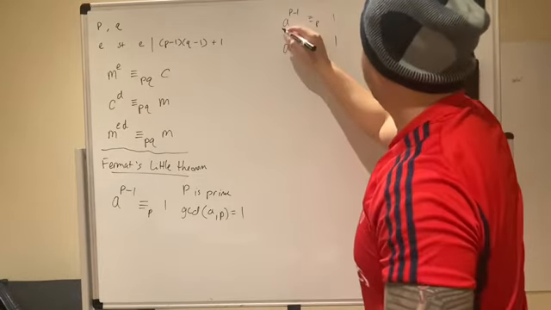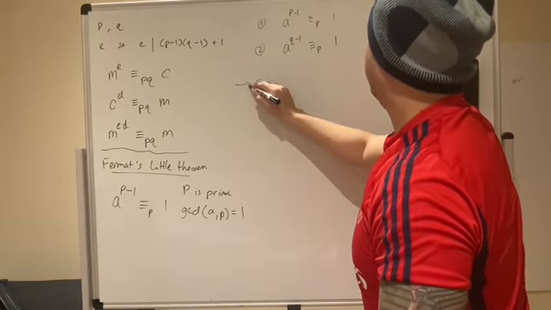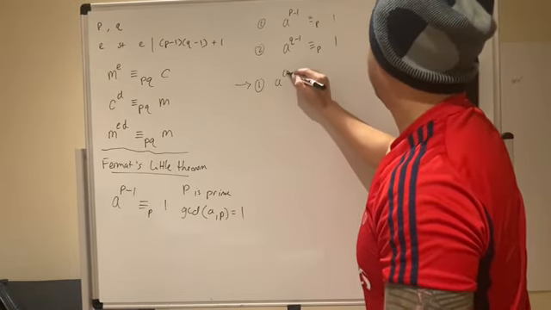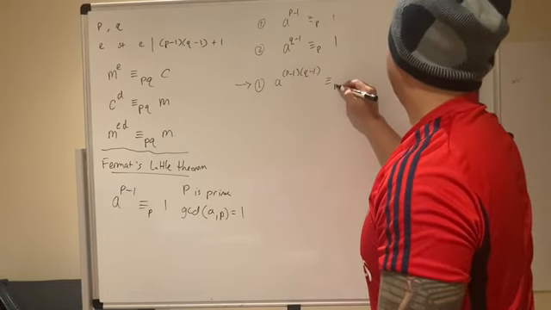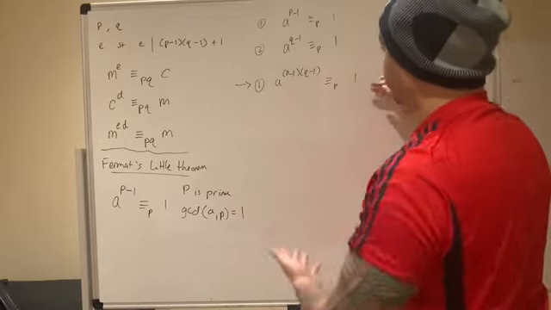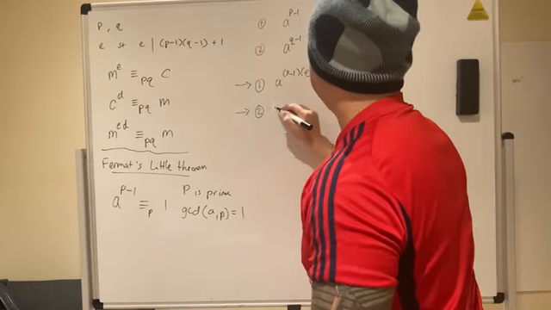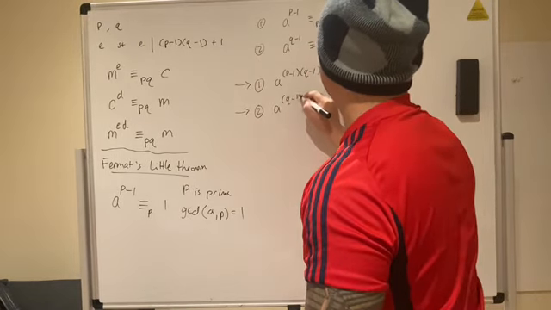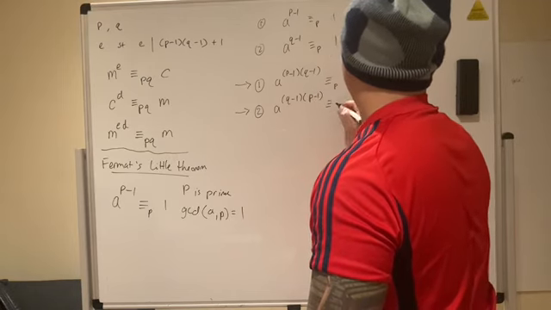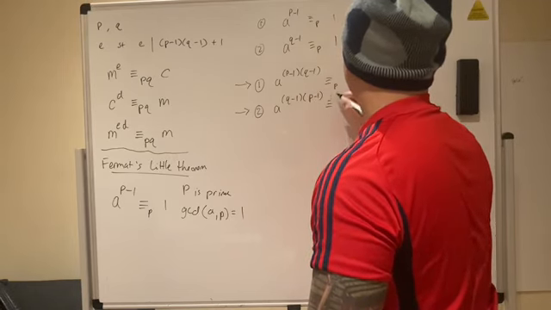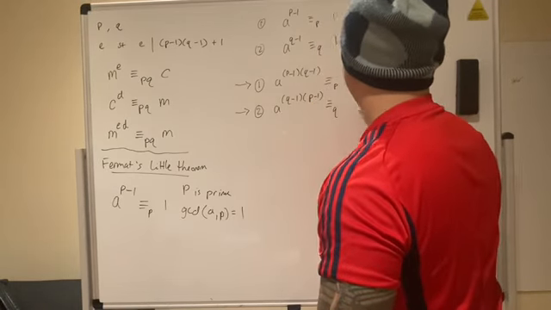So the first becomes A^((P-1)(Q-1)) mod P equals 1, and 1 raised to anything just stays 1. And the second becomes A^((Q-1)(P-1)). Sorry, I made a mistake here. That should be mod Q.